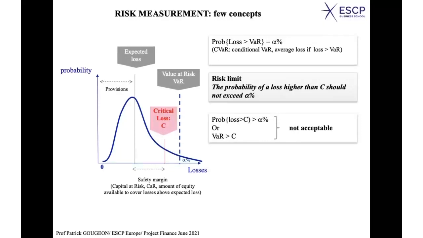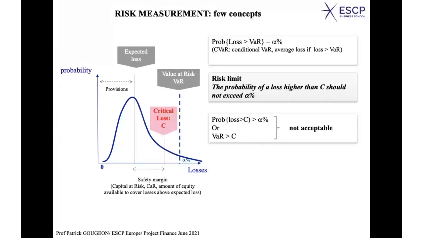If the value at risk is above my limit, it means that the probability of a loss higher than my limit is higher than 1%, so it's not acceptable. That's the way you use the value at risk. You compare it to a risk limit.